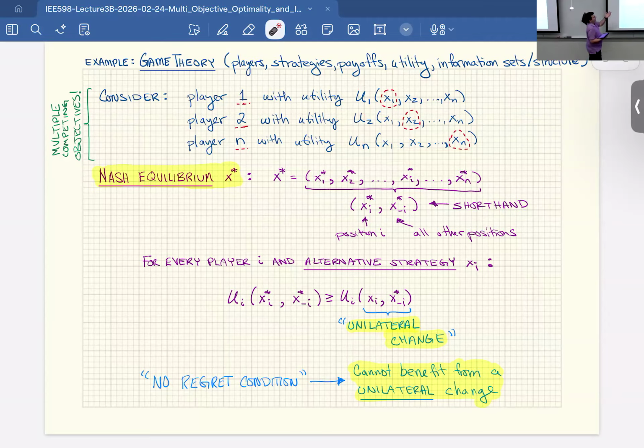And then in a game, we have different equilibrium concepts. The Nash equilibrium is a very common one that's actually very useful in engineering, for reasons that I'll talk about in a second.